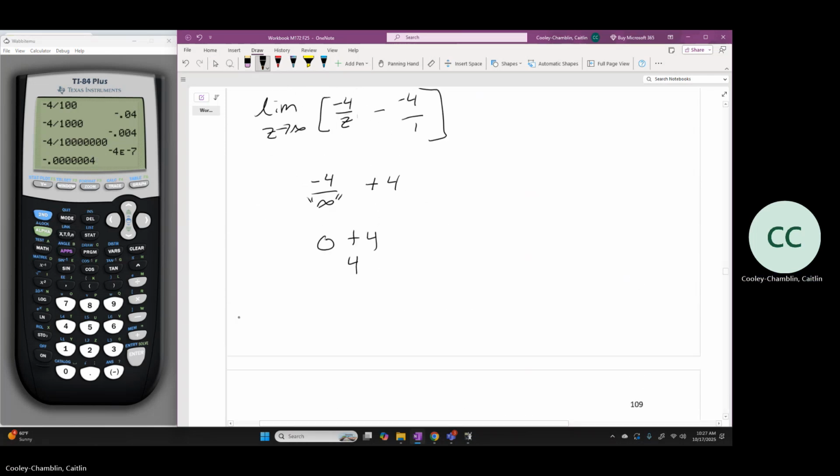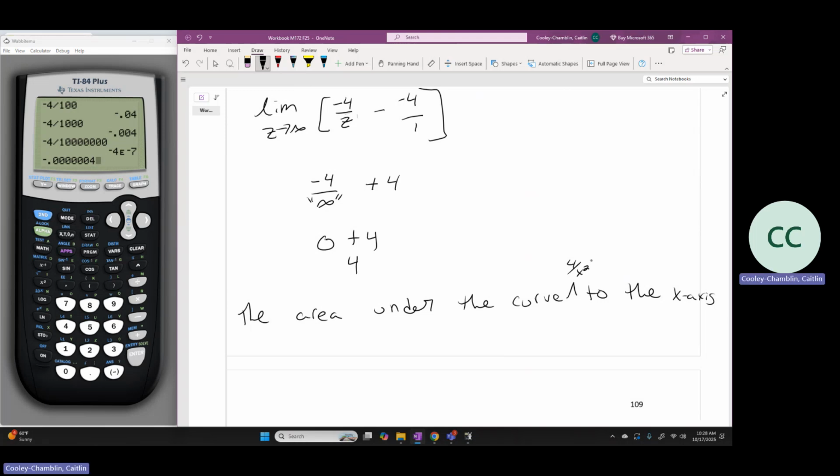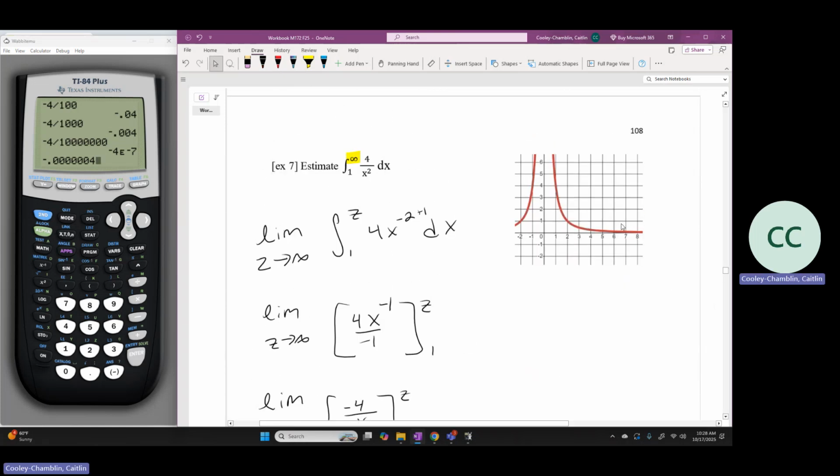This tells me the area, here's the curve, here's the axis, to infinity, the area under the curve, so from 1 to the x-axis, is approaching 4.